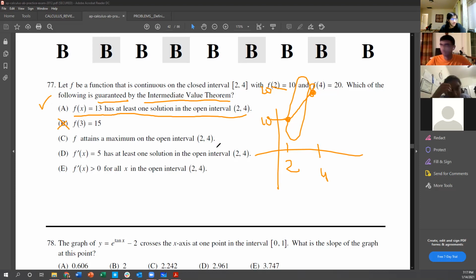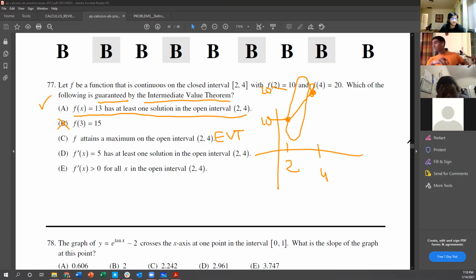That is true, but that has to do with the extreme value theorem, right? Wait, does it have to? Yes. Why? Oh wait, sorry. This would be it attains a maximum on the closed interval. Closed, yeah, that's what I was thinking. Sorry. So this is like a full version of the extreme value theorem.